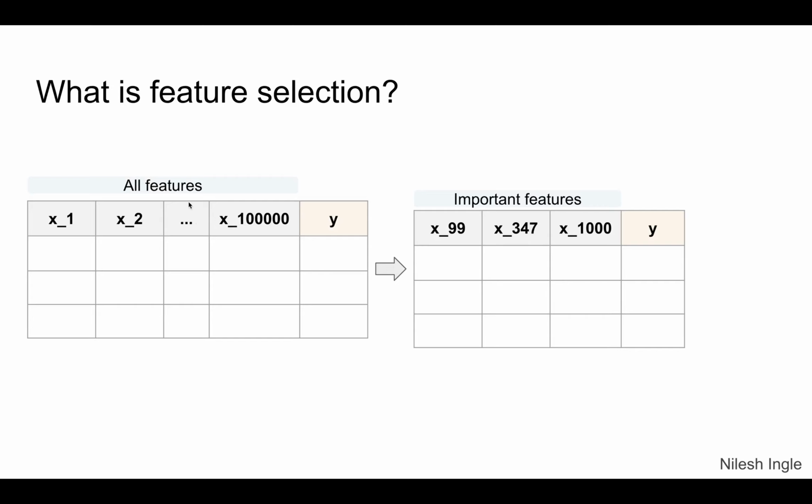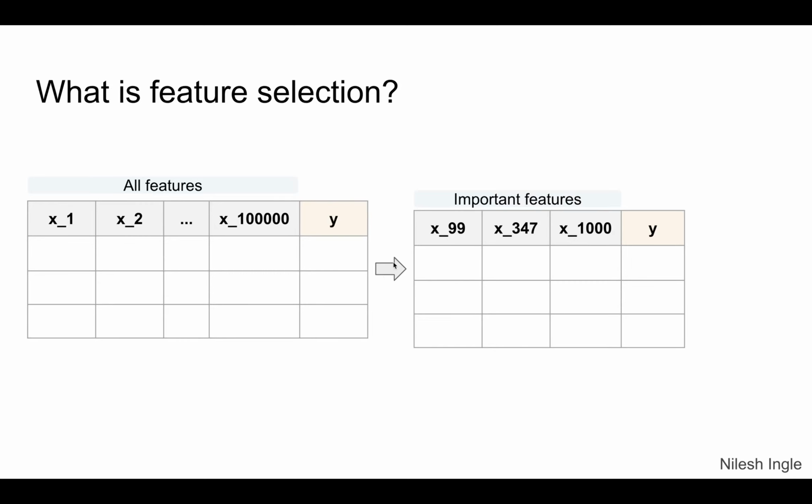Let's say we have a data set here on the left hand side, which has features from x1, x2, all the way up to x 100,000. From these 100,000 features, if we are interested in selecting only a few features that are important, and we want to remove all the features that are not important to train a model, then that process is called feature selection.